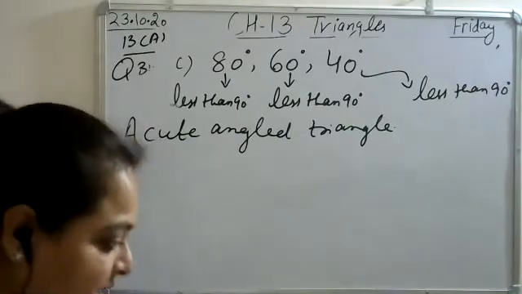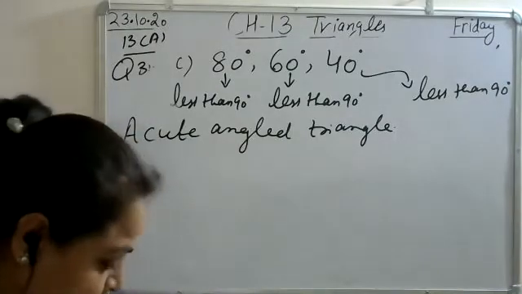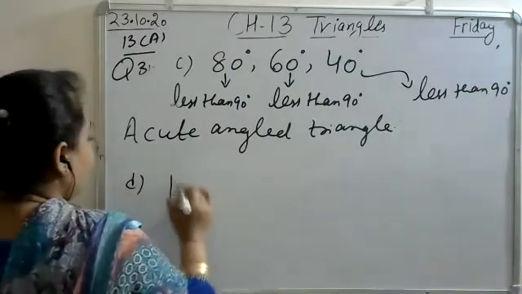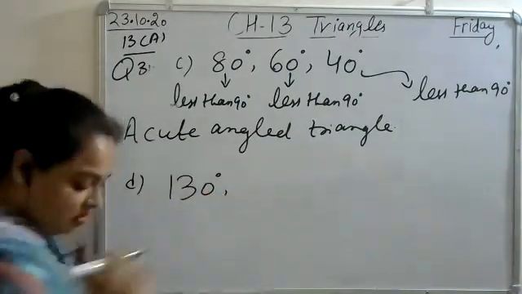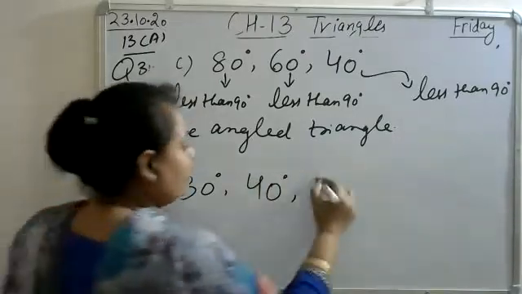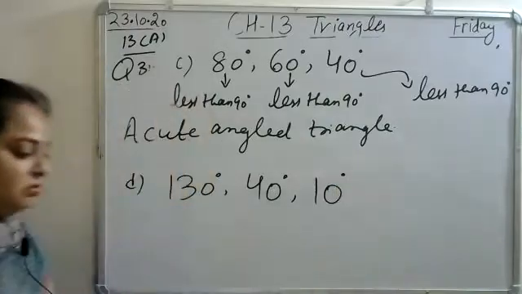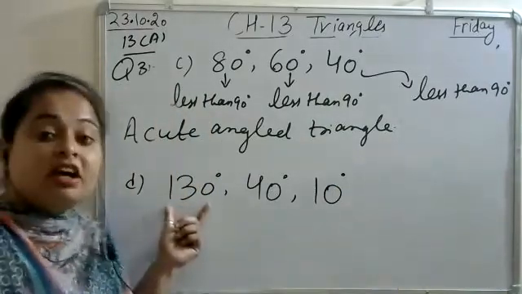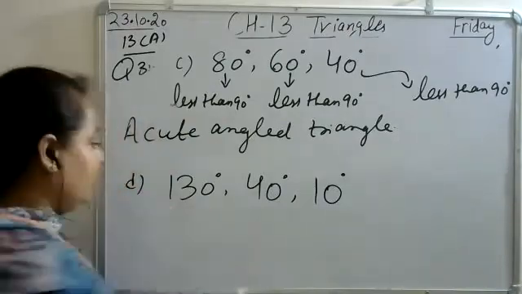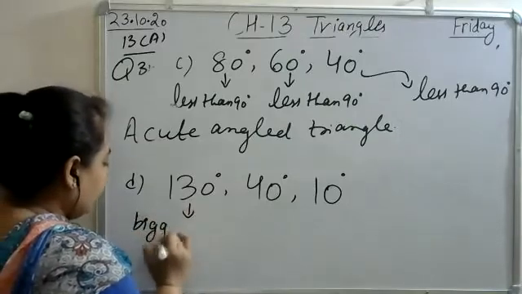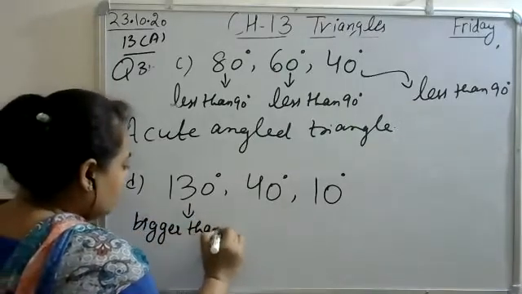Now, come to the next. D part. 130 degree, 40 degree and 10 degree. Look, 130 is bigger than 90.